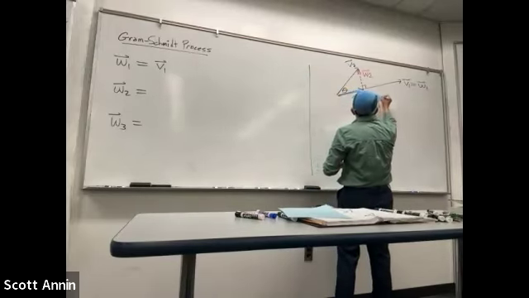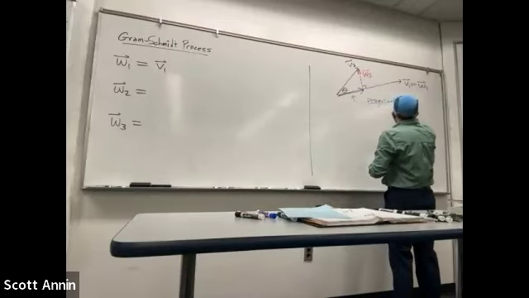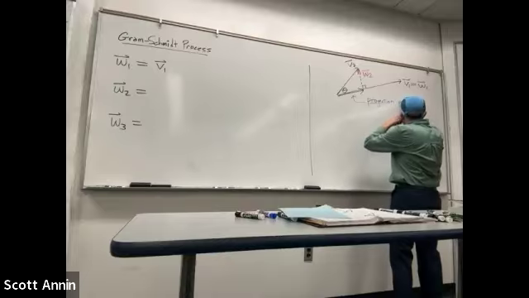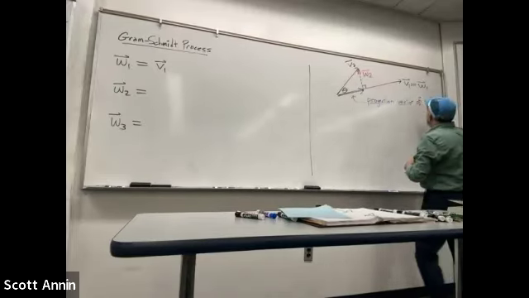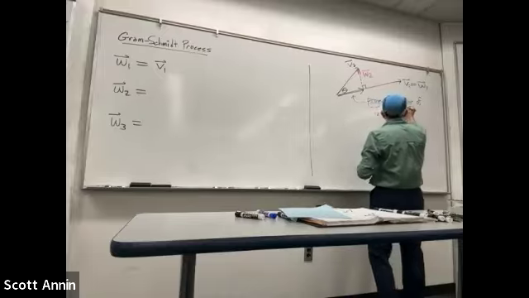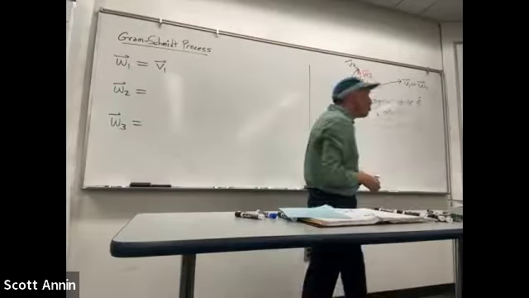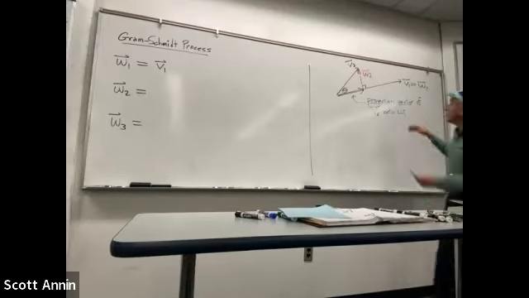So this blue vector is the projection vector. It's the projection vector of V2 onto W1.